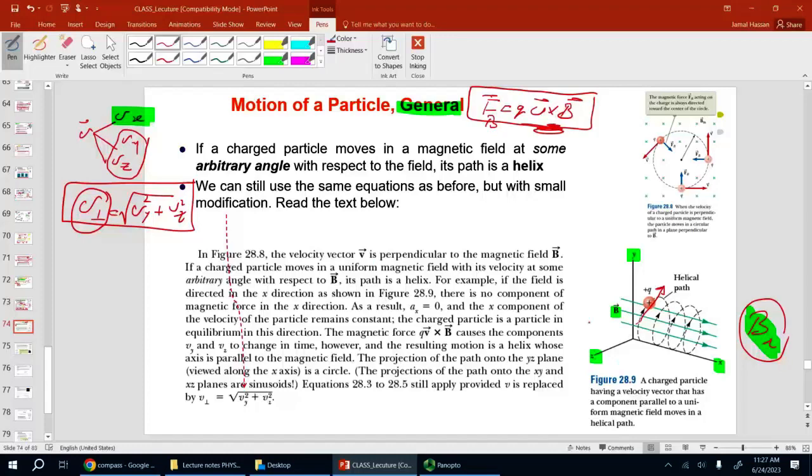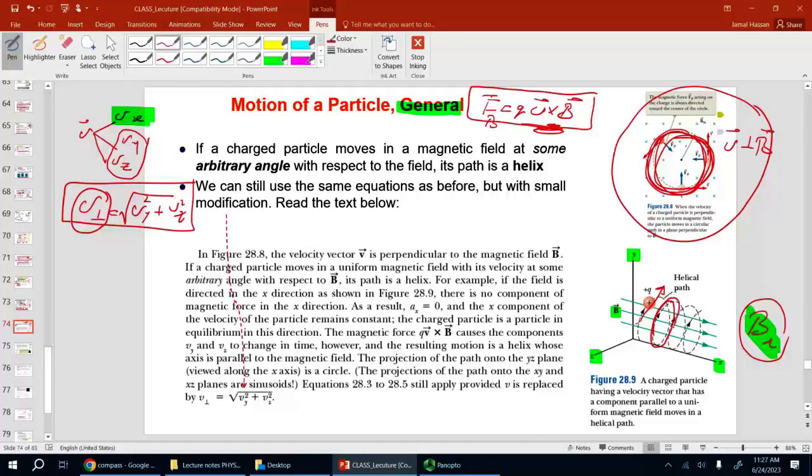So this is the special case from the previous slide when V was perpendicular to the magnetic field. We saw the particle just moving around like this. If it's not perpendicular, we still have a circle. This circle is there because we have a component of velocity which is perpendicular to the magnetic field.